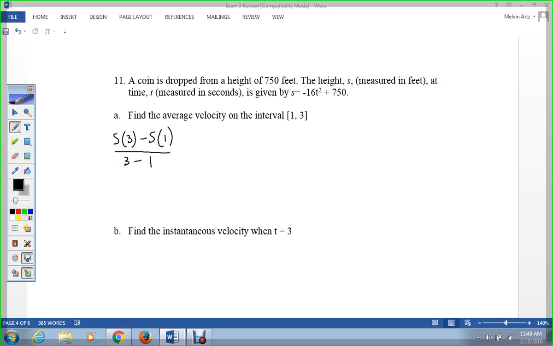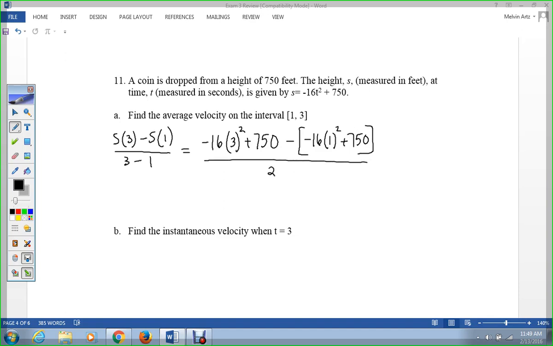So we plug the values, 1 and 3, into the function, subtract them. This is our difference quotient. So when we plug those values in, we'd have -16 times 3 squared plus 750, minus, then we would have -16 times 1 squared plus 750, all divided by 2.